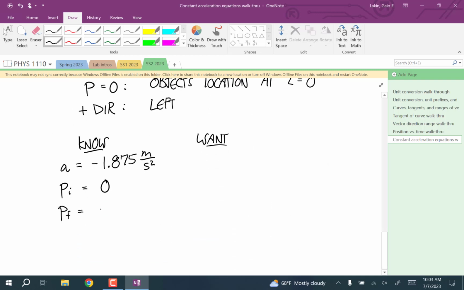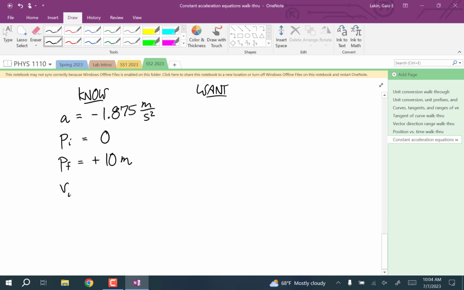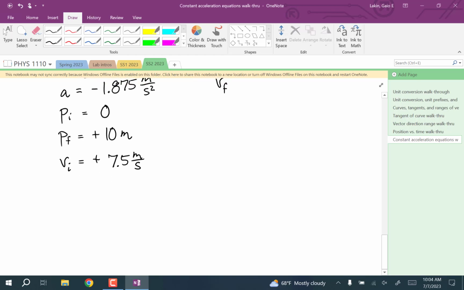So our P final is going to be positive 10 meters. Our initial velocity is going to be positive 7.5 meters per second. And we're looking for V final.